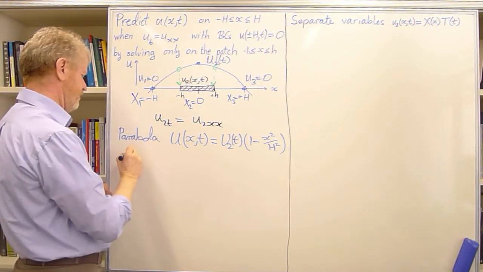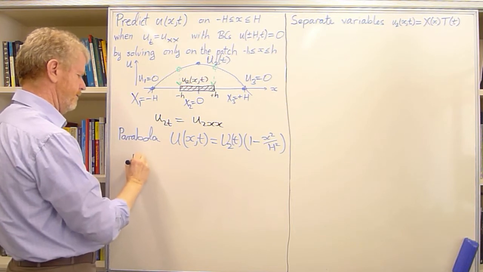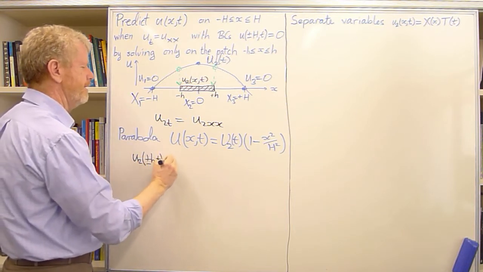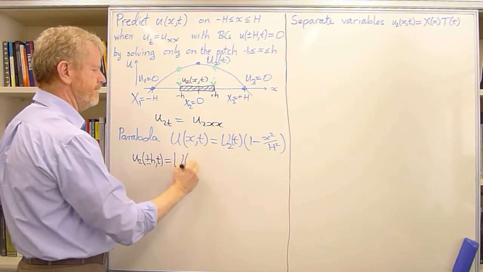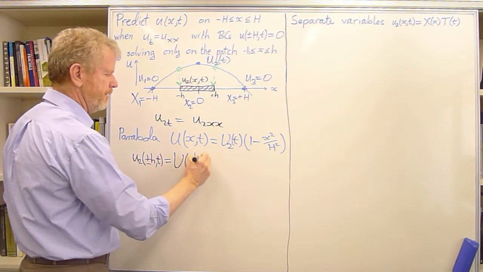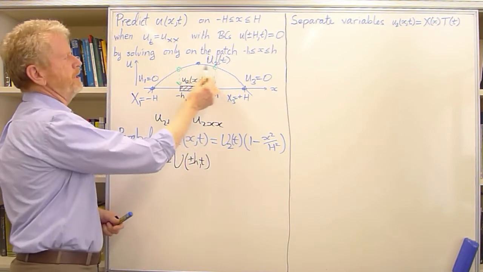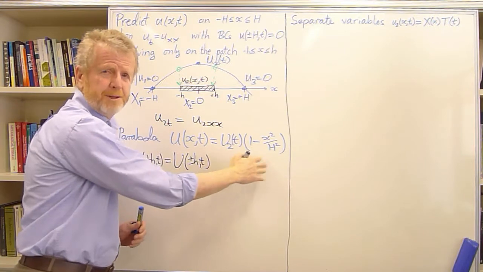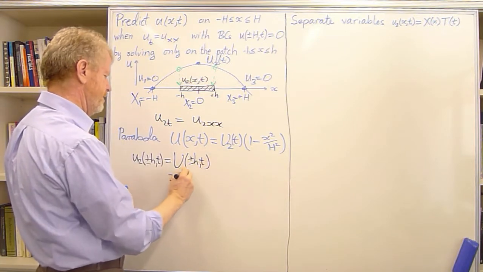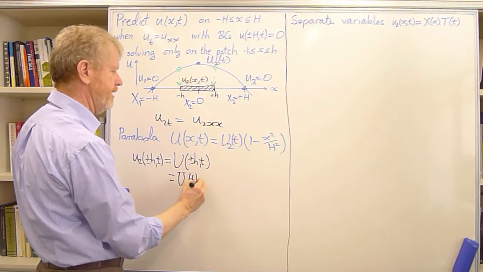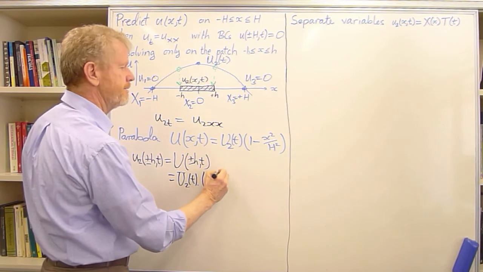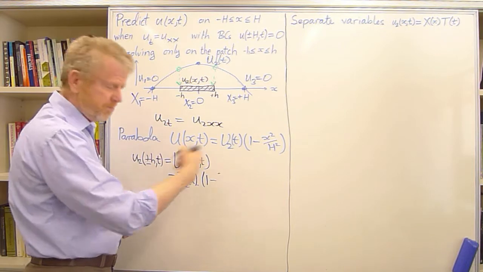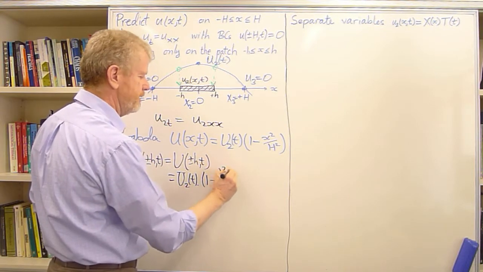So in other words, we're saying that u2 at plus or minus h, t is equal to this interpolated field, whatever it is, at plus or minus h, t. That interpolated field, we've got a formula for it now. It's this parabolic interpolation. That's U2 of t times 1 minus x squared, but x is plus or minus h, and plus or minus h squared is just h squared over big H squared.